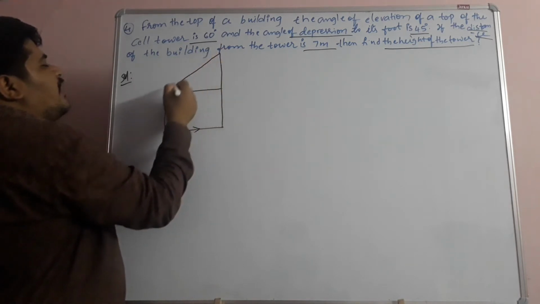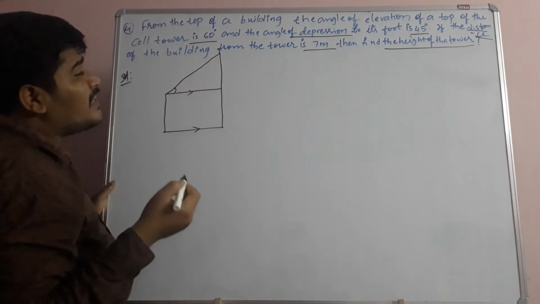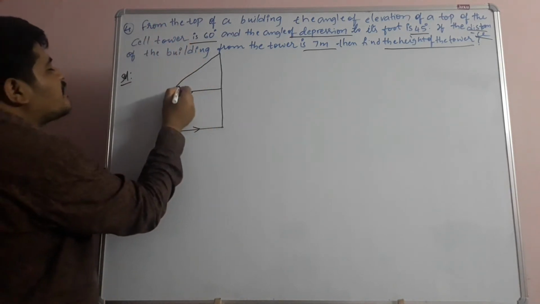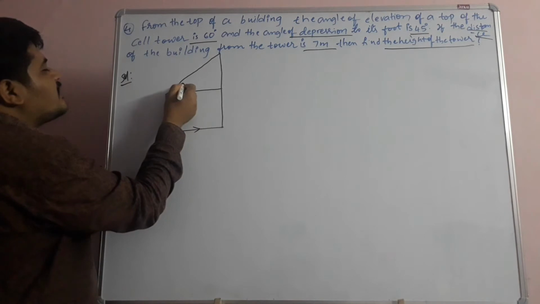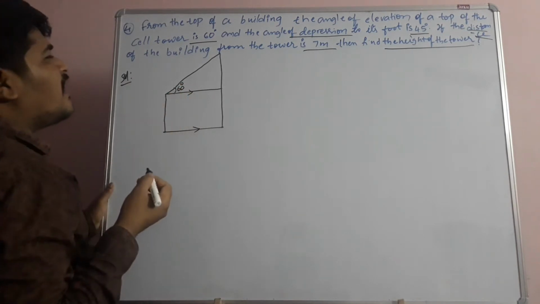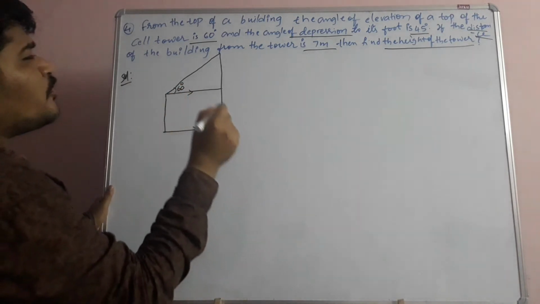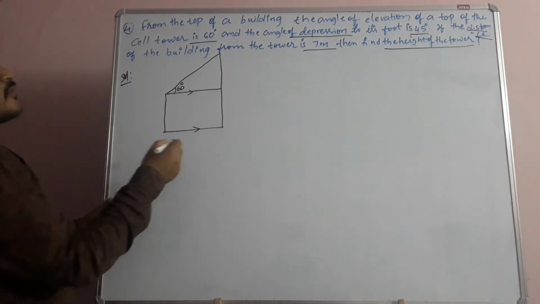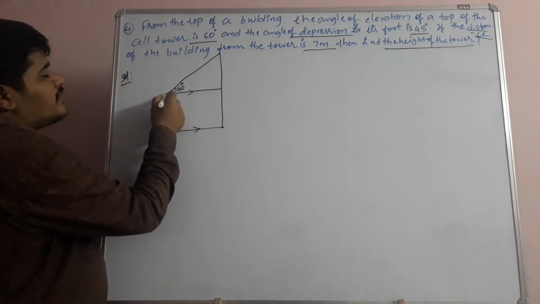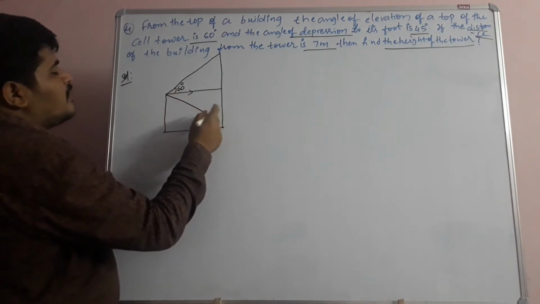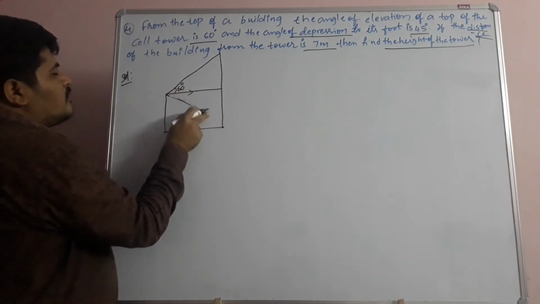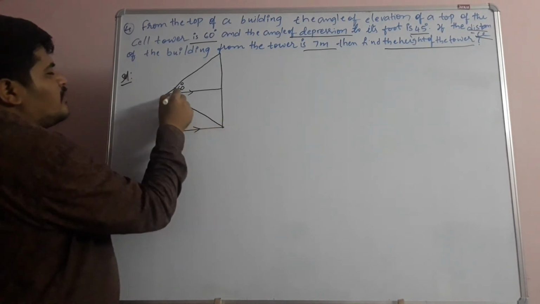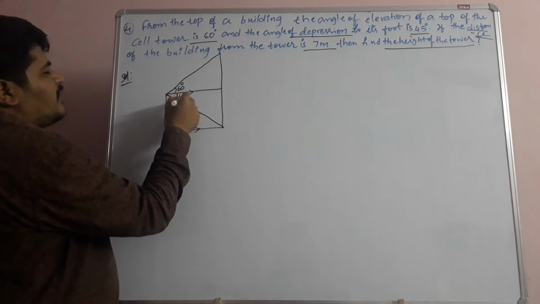Children, this is the angle of elevation, with 60 degrees. And the angle of depression to its foot is 45 degrees. So this is the foot of the tower, and he is observing this point. So this is the angle of depression, with 45 degrees.